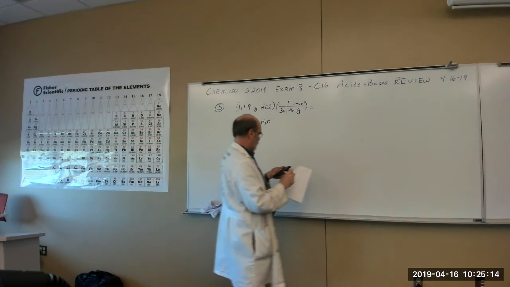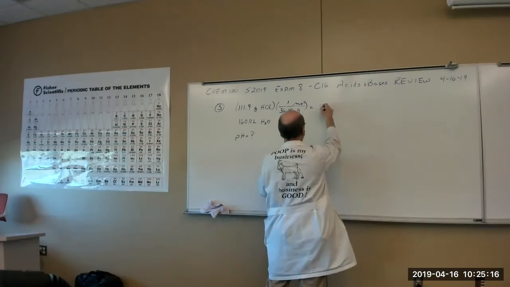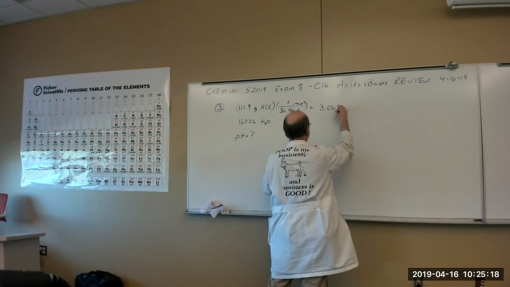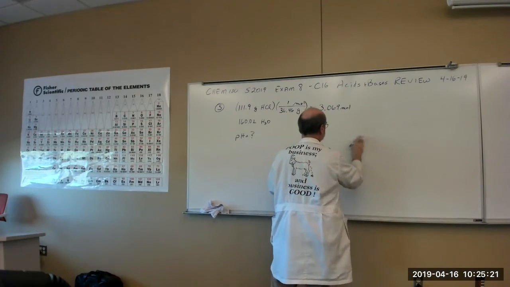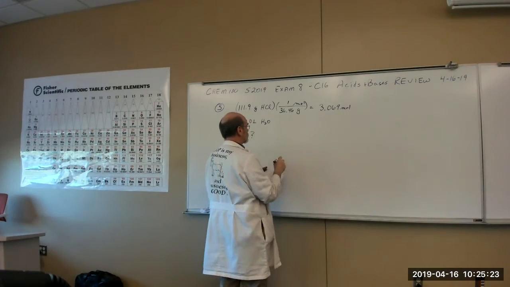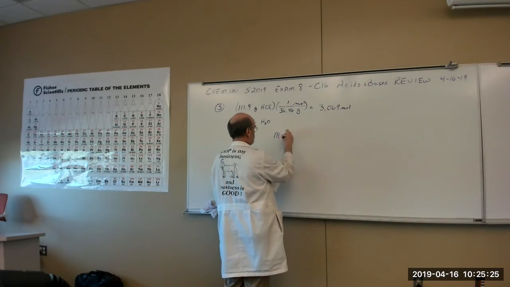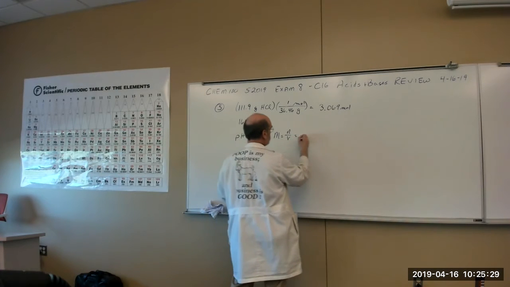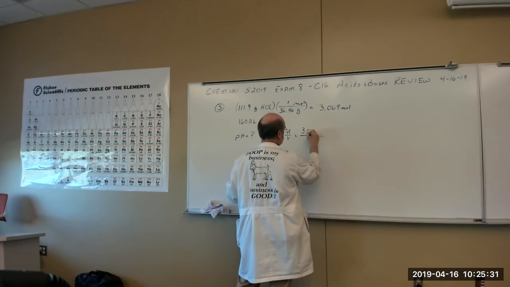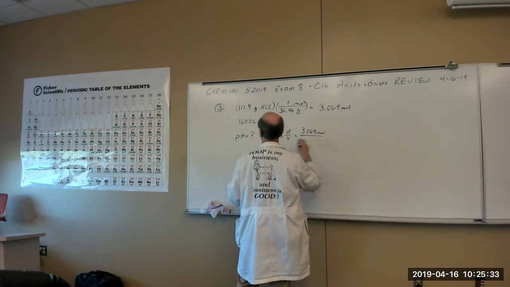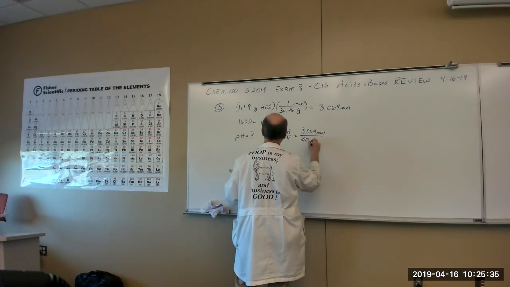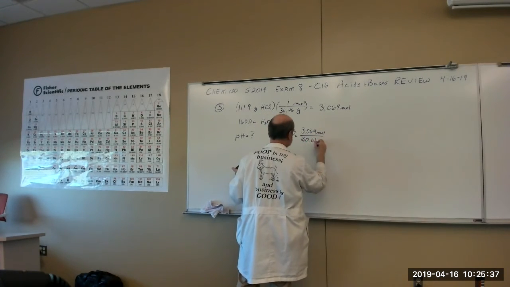And I get 3.069 moles. And then our definition of molarity, moles per volume in liters. So we've got 3.069 moles and 160 liters.